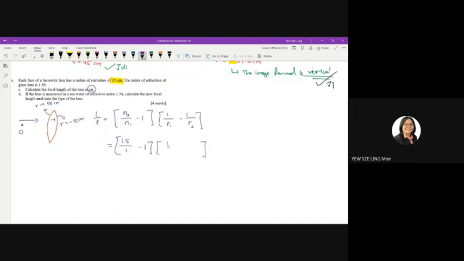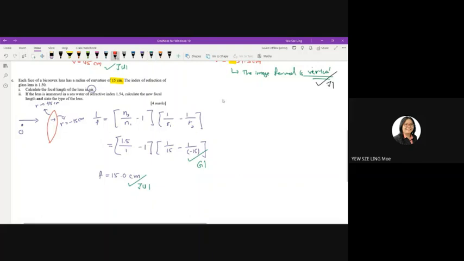Put it into the equation: 1 over positive 15 minus 1 over negative 15. Eventually you will get f equals 15 cm. That is the answer for question 1. In this question, if you got the substitution correct, meaning you substitute with the correct sign convention, G1. Final answer with correct unit, JU1.